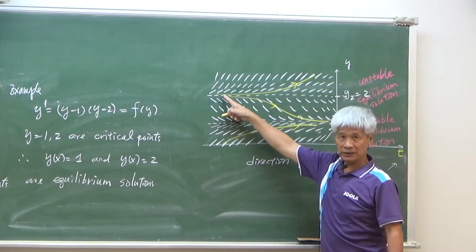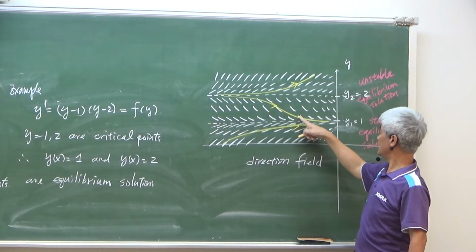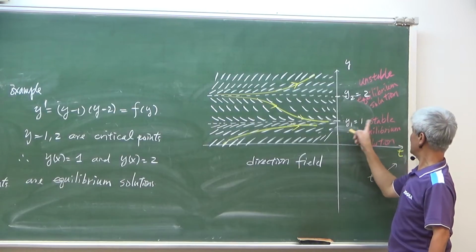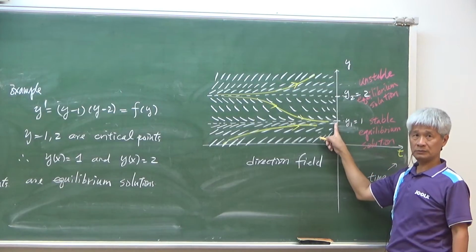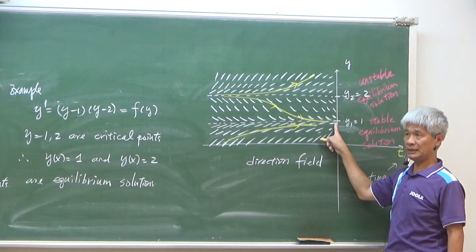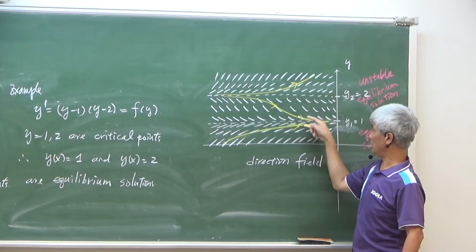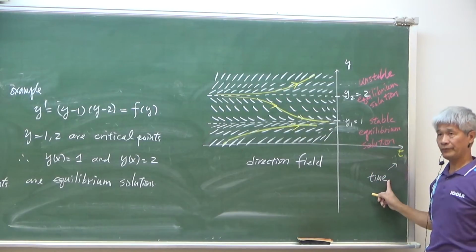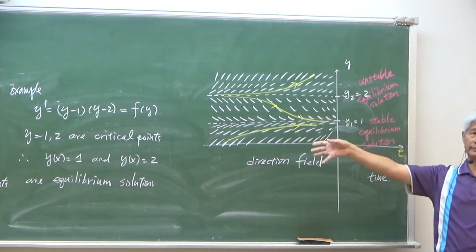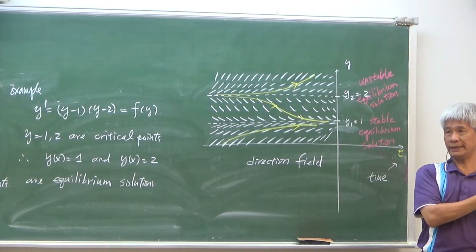Or you will leave the equilibrium solution this way, up to here, and then converge to this stable equilibrium solution. Everything goes this way because this is time, and time always goes on. Never goes back.